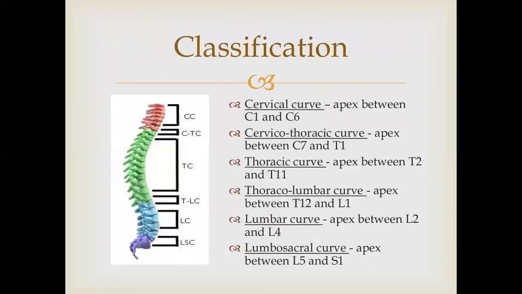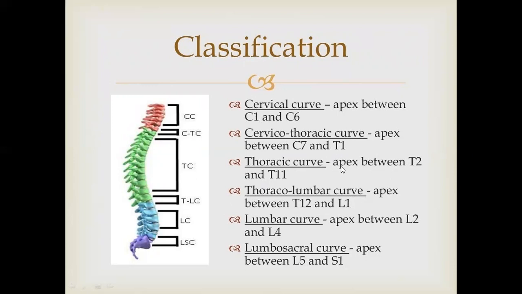Now moving on to the classification. Here we will be seeing the cervical curve. It is present at the apex between C1 and C6 vertebra. Cervicothoracic curve has its apex between C7 and T1.